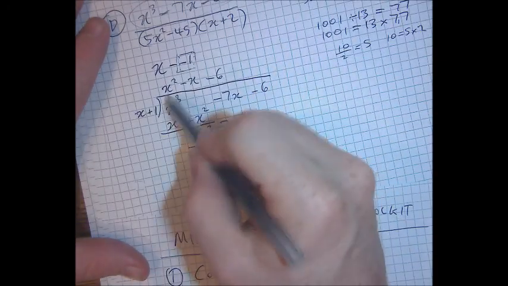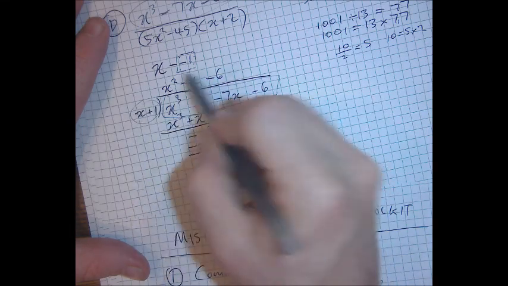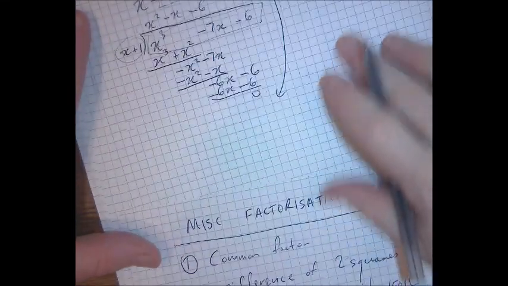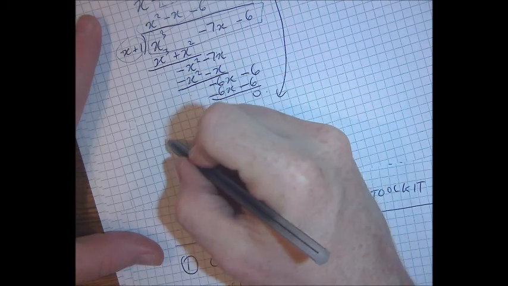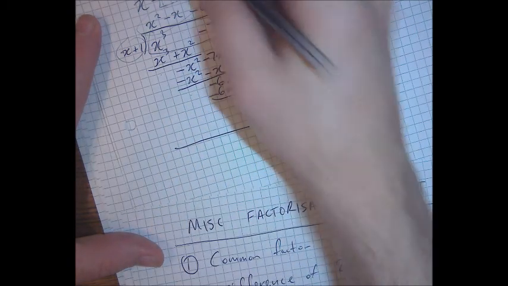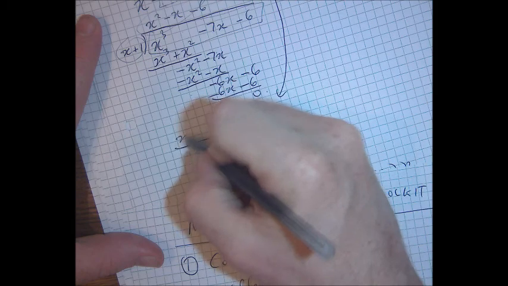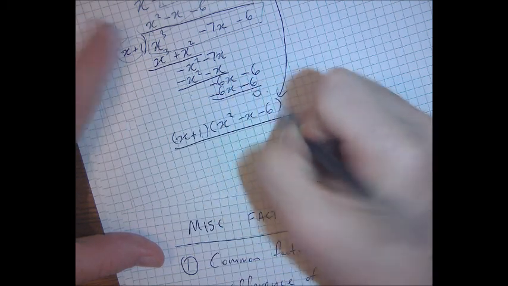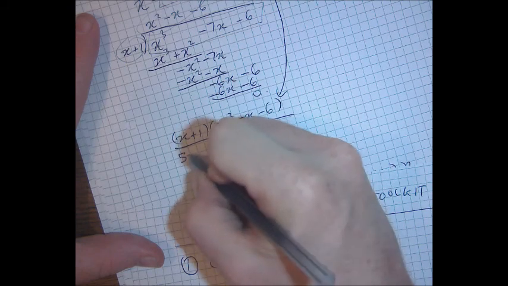When we divided this by that and got that, that means this expression is equal to x plus 1 times x squared minus x minus 6. And copy down the bottom.